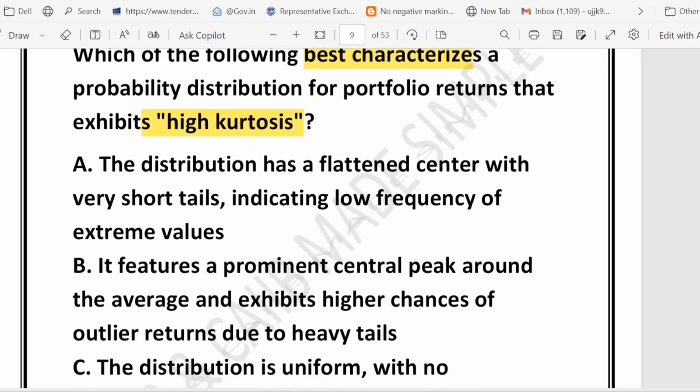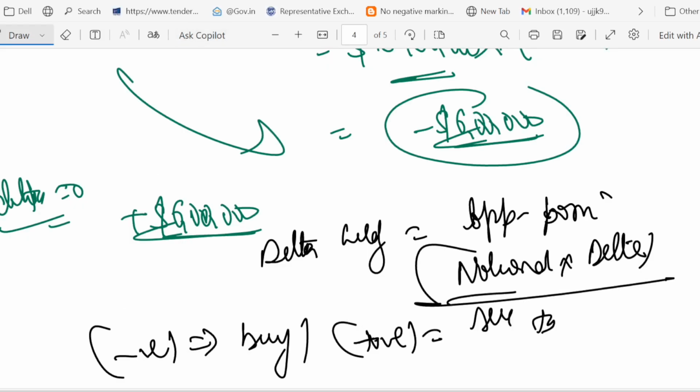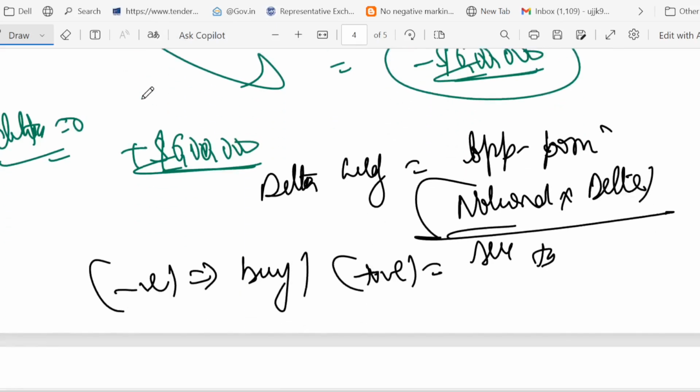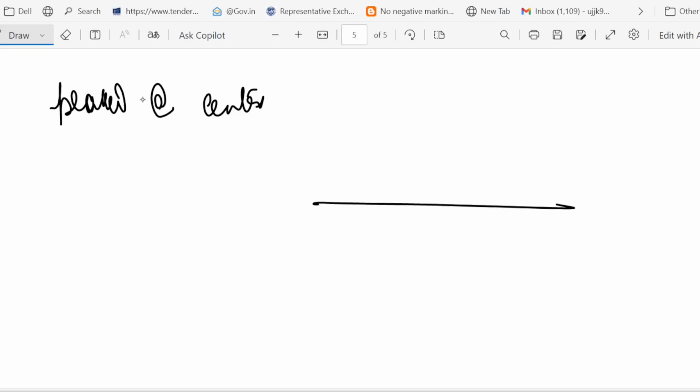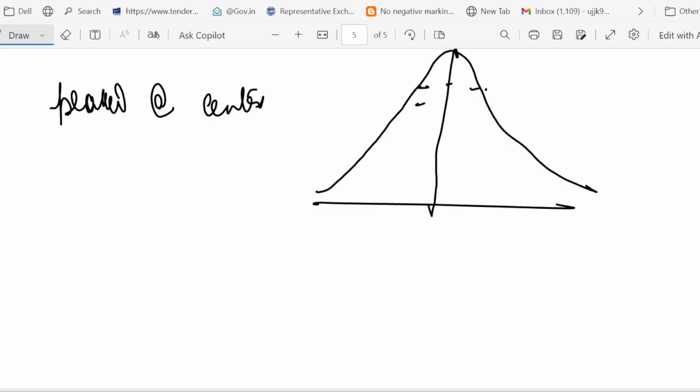Friends, first of all, let's understand the meaning of high kurtosis. Whenever I say that kurtosis is high, it means the distribution is very peaked at the center. Please remember it. Which means most values are close to the average. If you draw the normal distribution curve, it looks something like this. Maximum values are near the average.